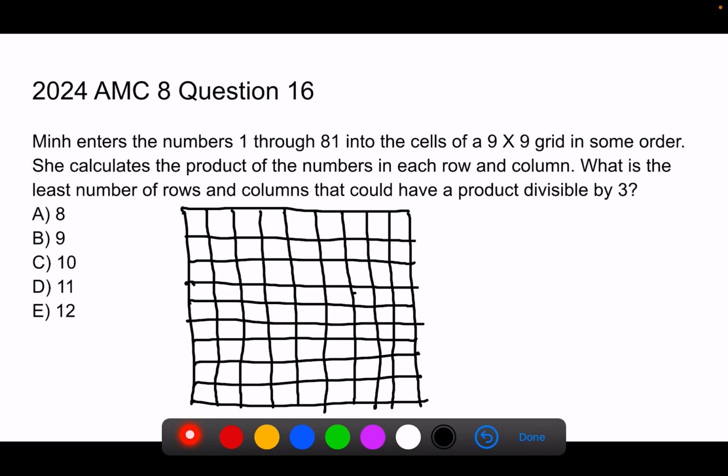So a few things. The first part is, how can you have a product divisible by 3? When you have a bunch of numbers multiplying together, what do you need to be divisible by 3?